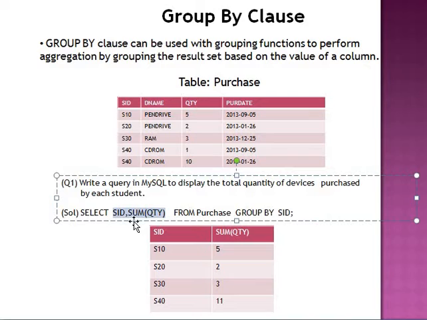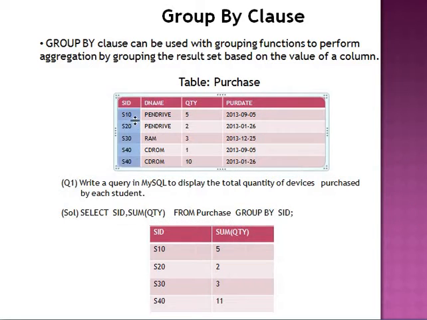So I first select SID and sum of QTY column and display it in the output table in the form of columns, and then perform the grouping on the basis of the column SID. So for each entry of SID in the table purchase, the total quantity has been calculated individually for each of the student IDs.